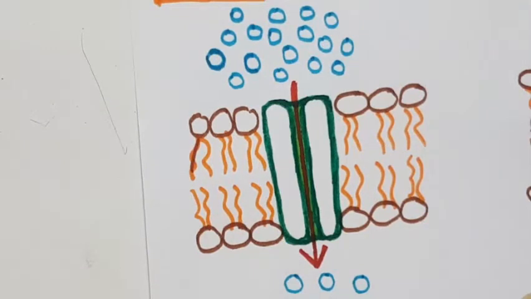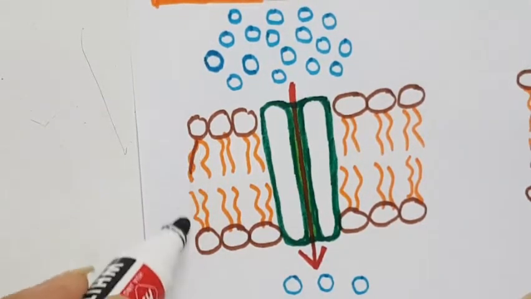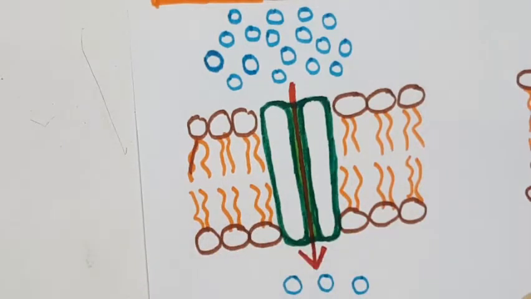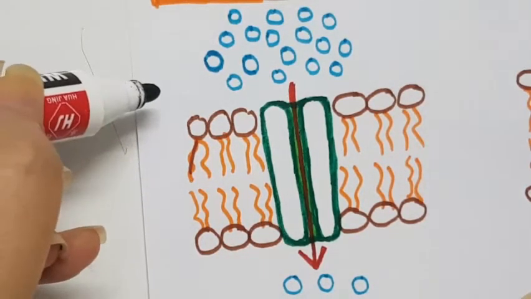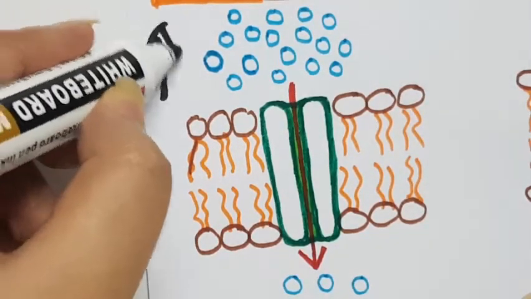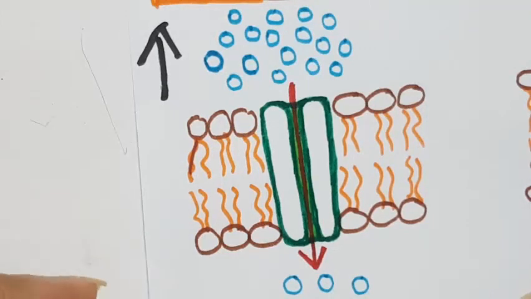This diagram shows a lipid bilayer and a transmembrane protein functioning as a channel. On this side we have more concentration of molecules, and on this side the concentration is less.